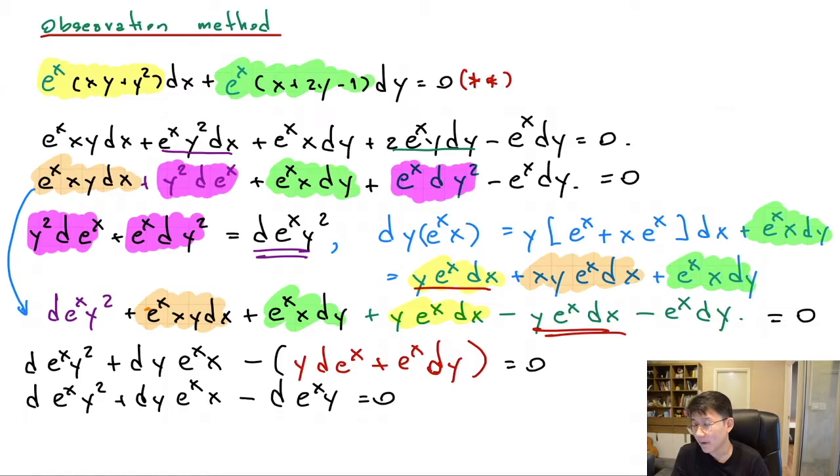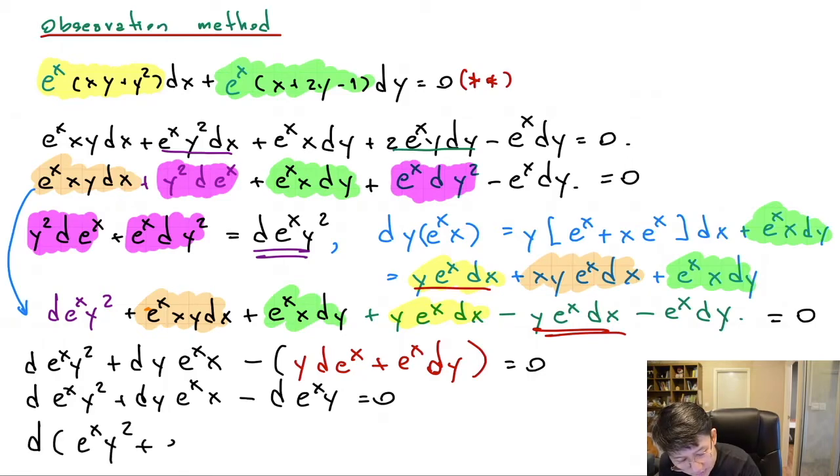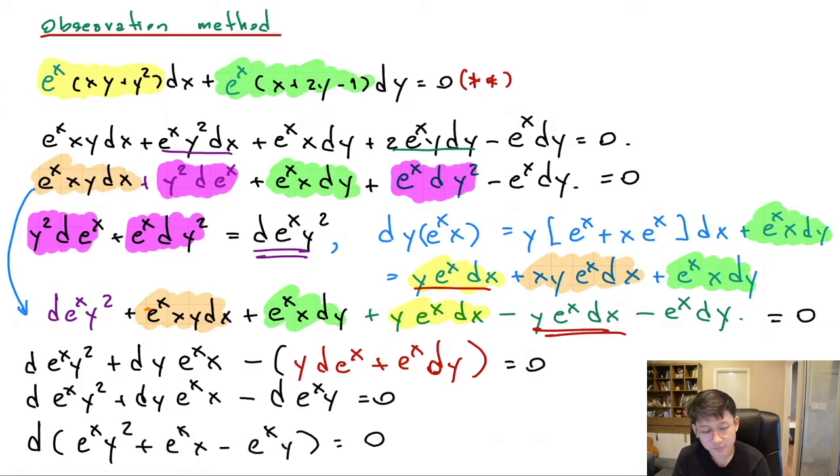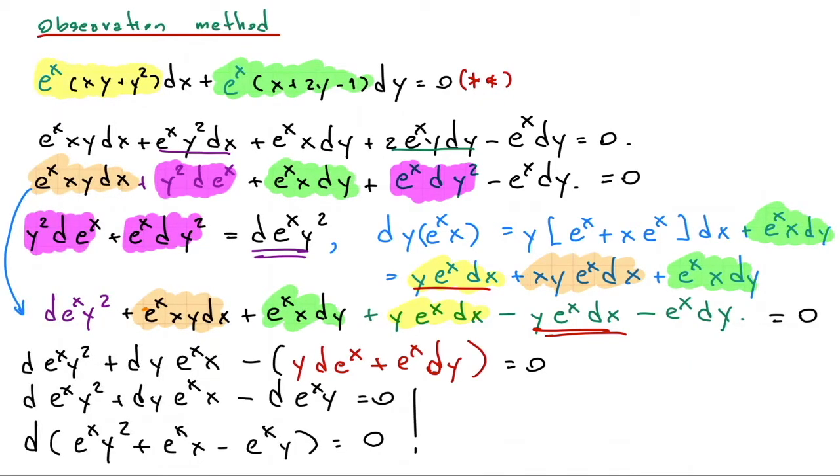Okay, and in that case we have that d of e to the x y squared plus y e to the x minus e to the x y equals 0, which means that the solution is e to the x y squared plus y e to the x minus e to the x y equals c.